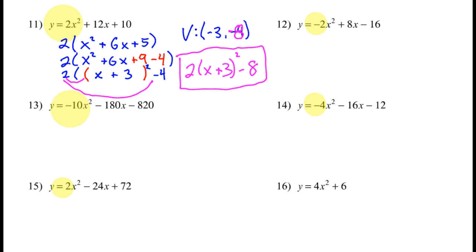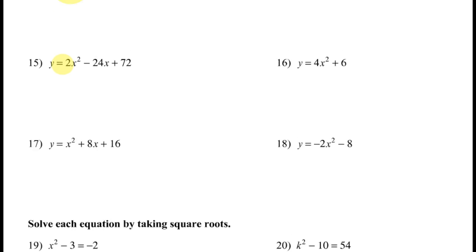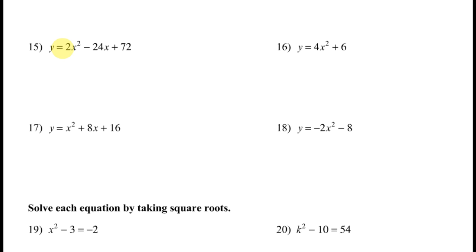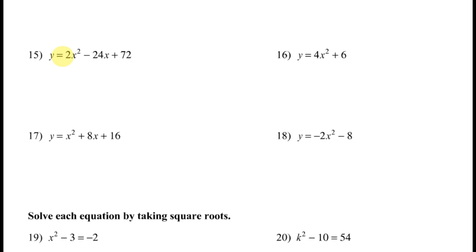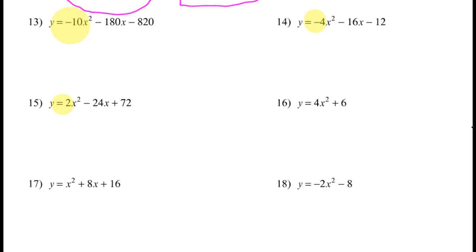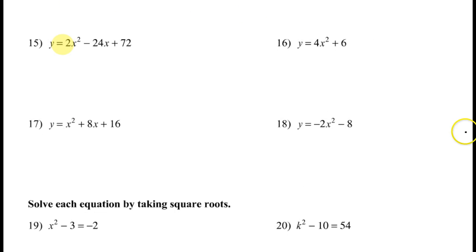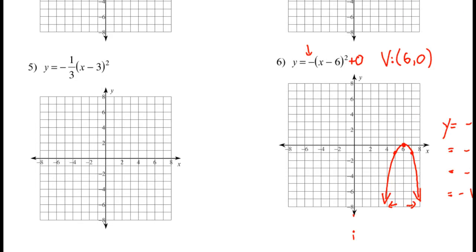Alright, good. Lastly, let's look at 16, 17, really just 16 and 18 and those. So some people are asking, well, there's no minus or plus, it's just x squared. So it's the counterpart to what we did up here.